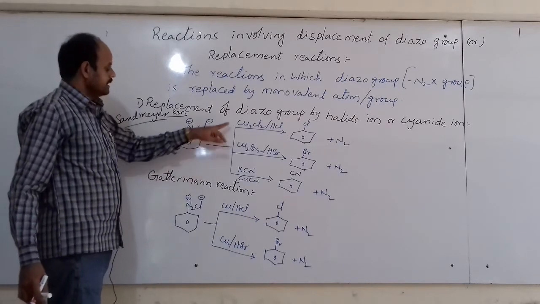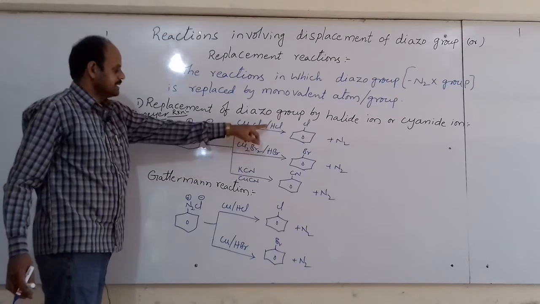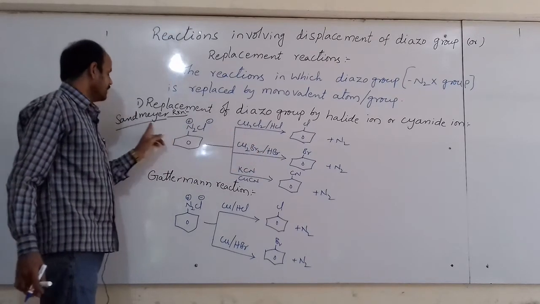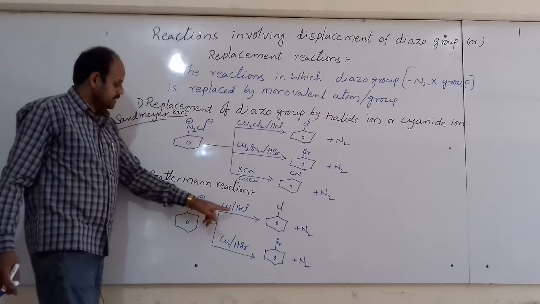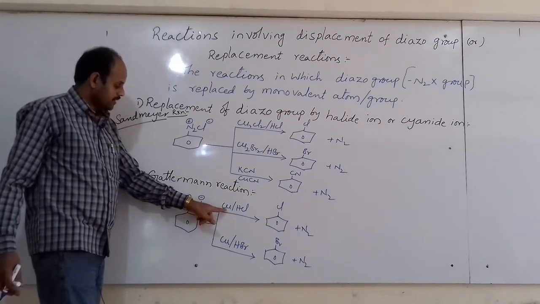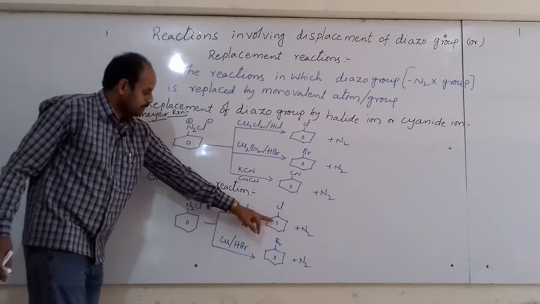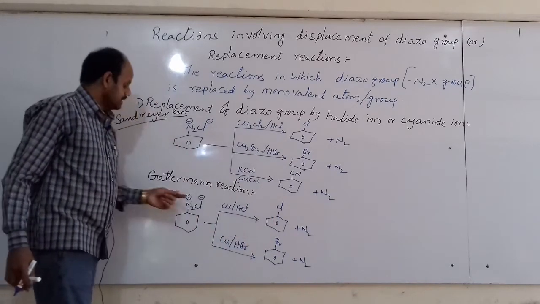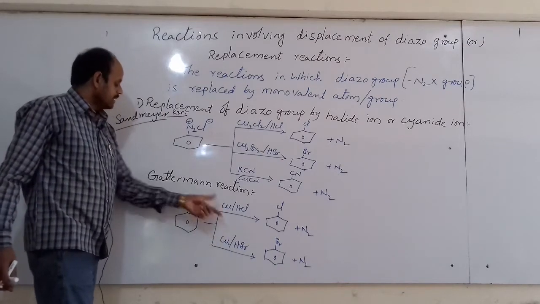If you use CuCl or Cu2Cl2 or Cu2Br2 with HCl, then these reactions are called Sandmeyer reactions. But if you use HCl in the presence of copper, or HBr in the presence of copper, the products are the same, chlorobenzene and bromobenzene, but this reaction is called the Gattermann reaction. If you use copper, that is Gattermann.